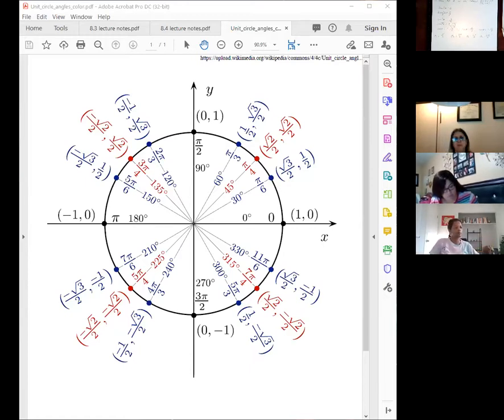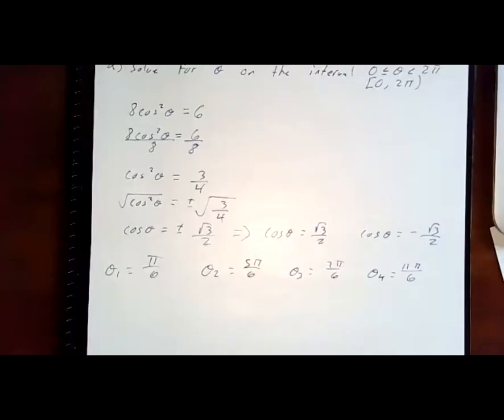Switch back. So part A, for one period, going around the circle only once, you'll have only 4 answers.